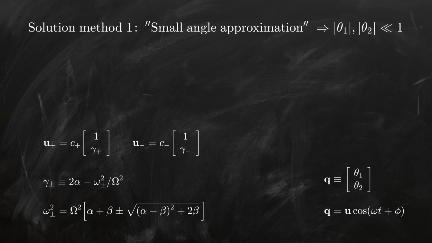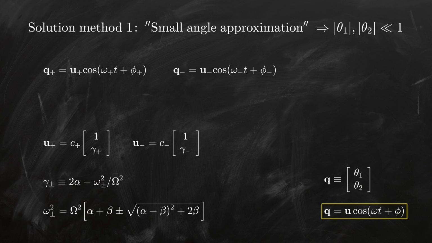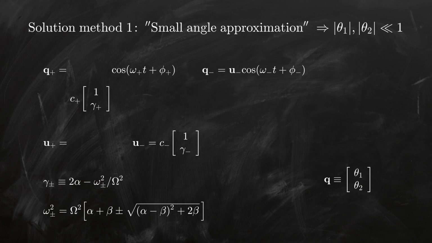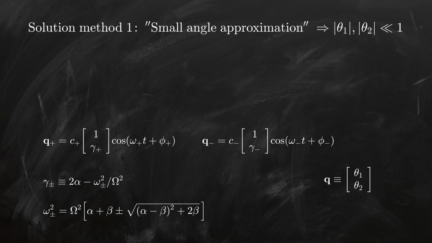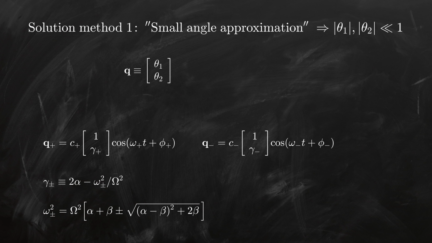We can now use our eigenfrequencies and eigenvectors to form two linearly independent solutions, q plus and q minus. We then form the general solution by taking their sum.